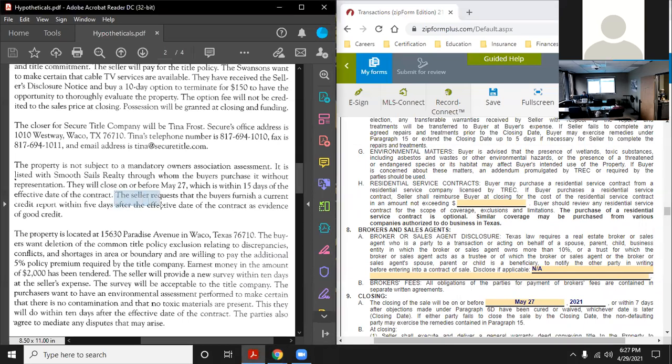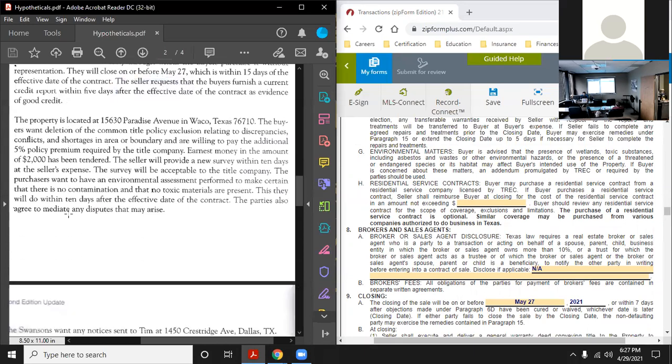The sellers requested the buyers furnish a current credit report within 5 days as evidence of good credit. That is something we'll do on the seller financing addendum, not so much in this contract. Finally tells where the property is located. The buyers want deletion of the common title policy exclusion relating to discrepancies, conflicts, and shortages of areas.